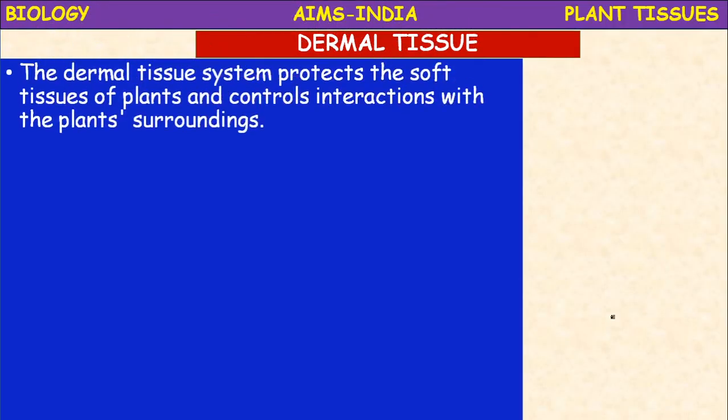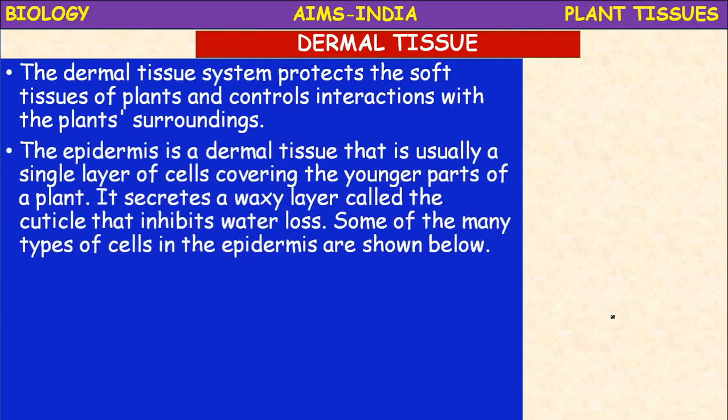The dermal tissue system protects the soft tissues of plants and controls the interactions with the plant's surroundings. What is the main function of dermal tissue? It protects the soft tissues of the plants and controls interactions with the plant's surroundings.